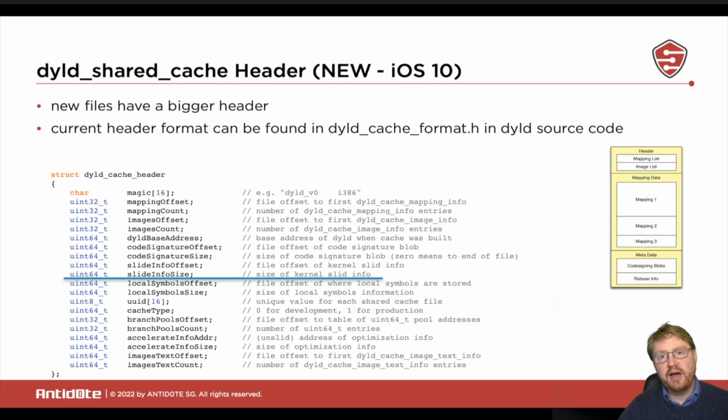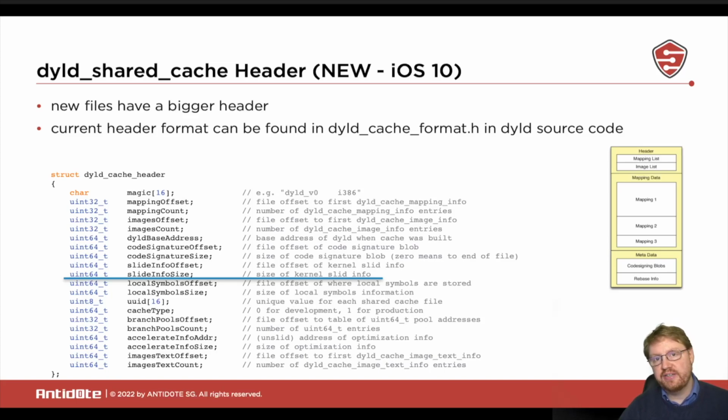Over time, you will realize that this shared cache header grows and grows, because with every major version, Apple started to add more and more features to this shared cache file. Usually you can find the latest and greatest information about the header in this dyld underscore cache underscore format.h file, and you can find it always in the dyld source code that is released by Apple on opensource.apple.com.